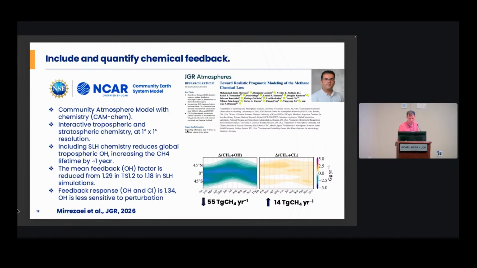So we have published a paper describing our inclusion of the SLH, which helps us reduce the bias in tropospheric OH, increasing the methane lifetime by a year and decreasing the feedback factor with respect to OH. So in this setup, we have more chlorine and less OH, and it's improving methane and other related species such as CO. The biases are much reduced and it's allowing us to have a reasonable emission-driven methane simulation.